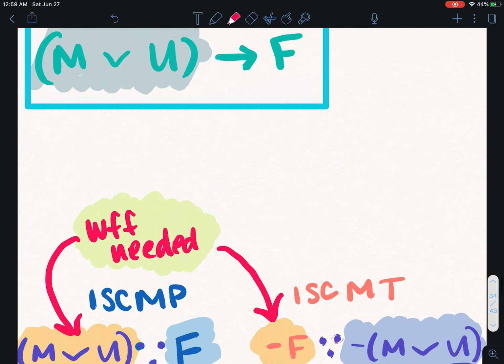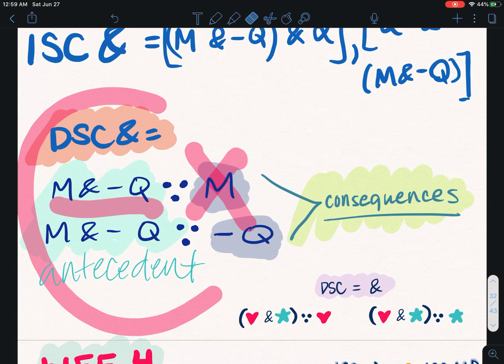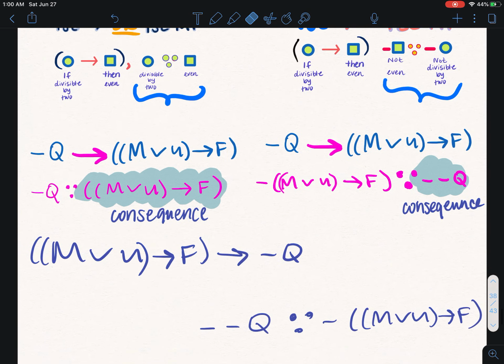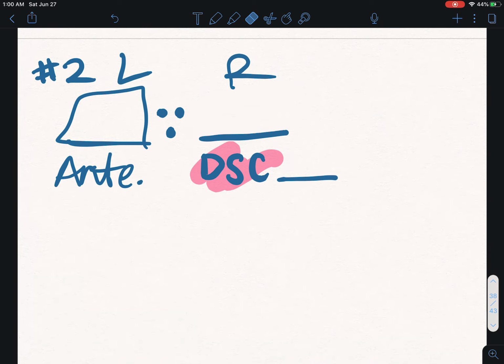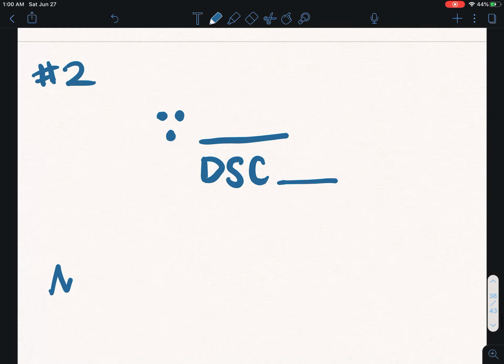So we have M. Stay with me. Okay. It says it's a consequence of M. So it's like M, therefore something. So this is what I did.